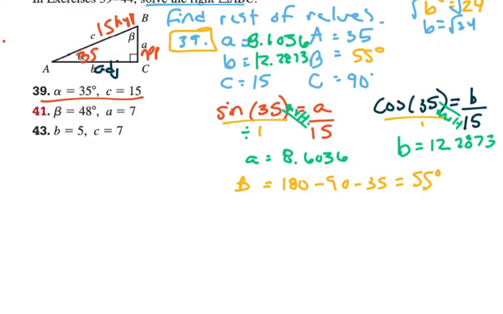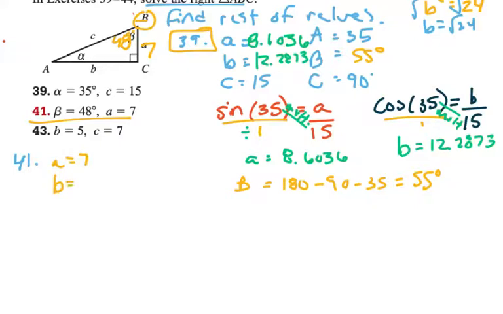Alright, same idea for number 41. So number 41, we have different values now. We are told that this is 48 degrees and A is 7. And so if we are up here at angle B to start with, because that's the one that's given, if we want to find B, we are given A, so A is 7.